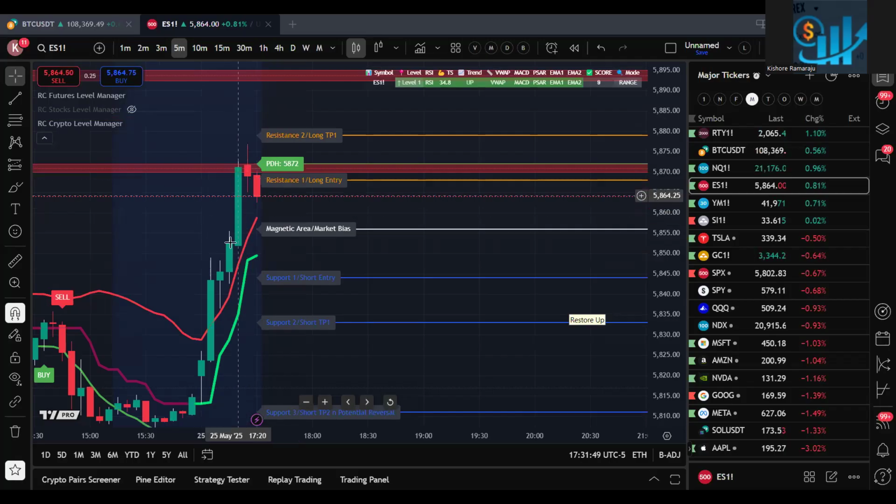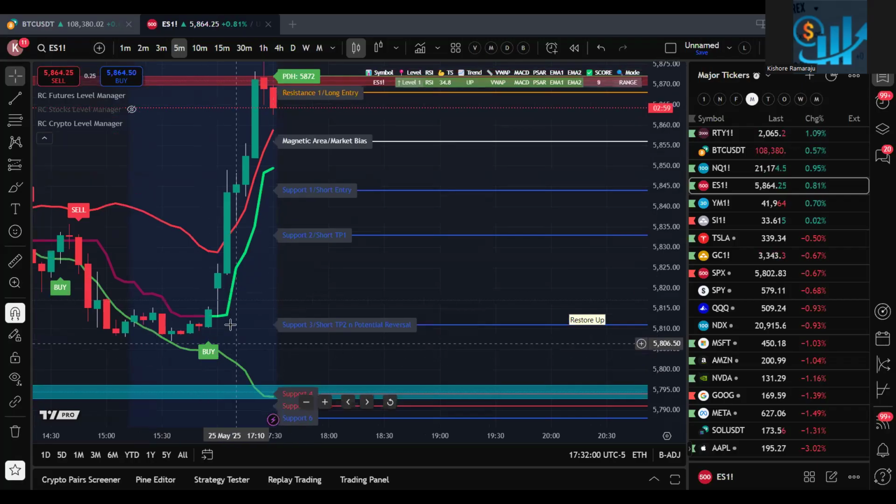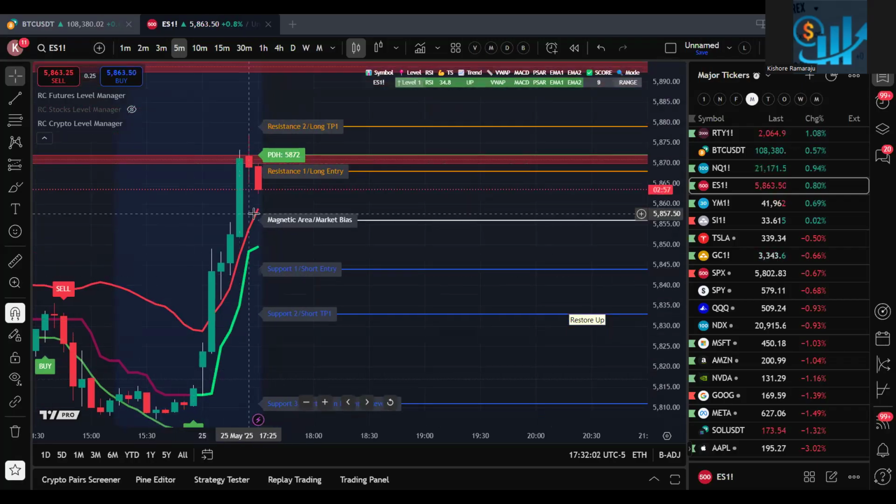So that's where, even when you want to buy calls tomorrow morning, SPY calls, QQQ calls, either you take it when you get a buy or you wait for a reversal and then take the next buy, because the score is very, very bullish. Score is 9, so only the buy opportunity.